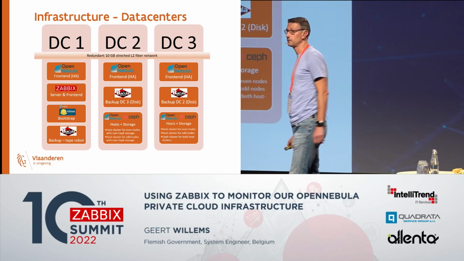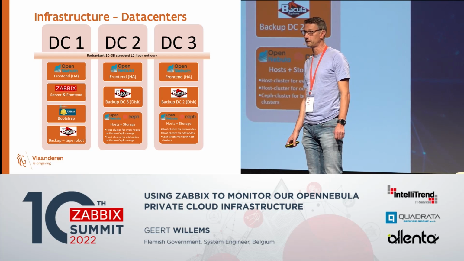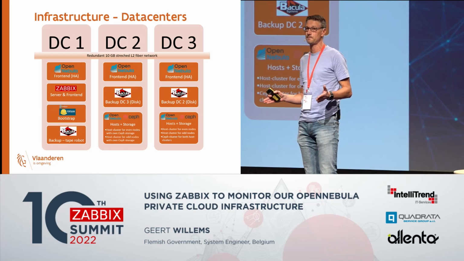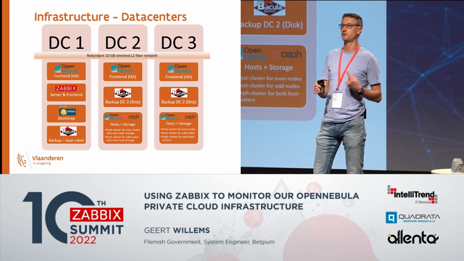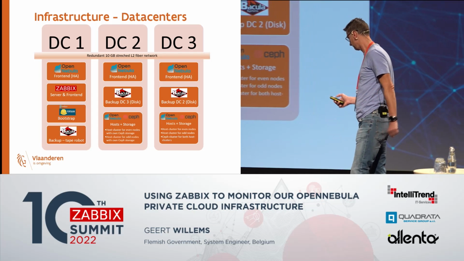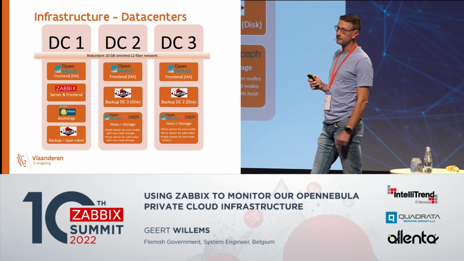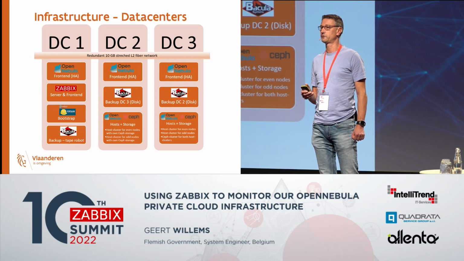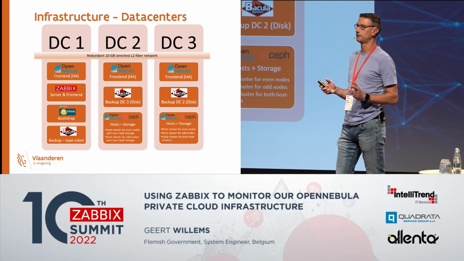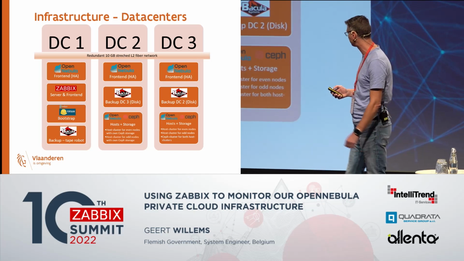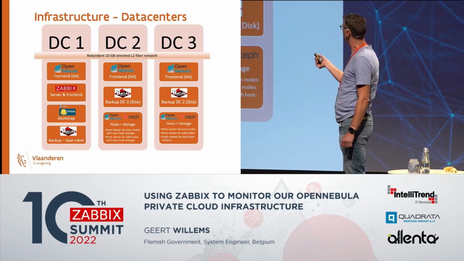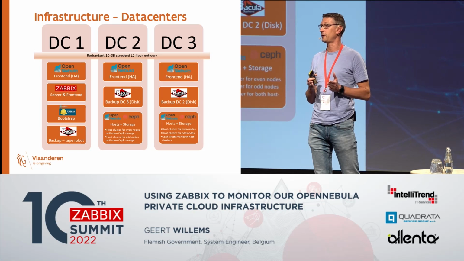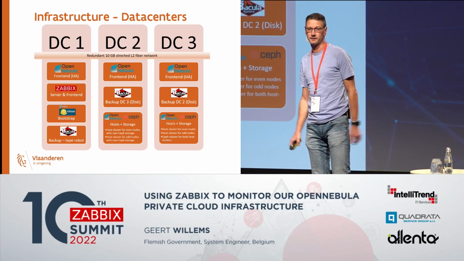In data center 3, which is used for development and testing, we also have our hypervisors spread over 2 host clusters in OpenNebula, but here they are both using the same Ceph cluster. In total, we have 26 hypervisors running, and each of those Ceph clusters has about 1 petabyte of storage capacity. And as we have a stretched network, we are able to deploy the VMs across those 2 latter data centers.